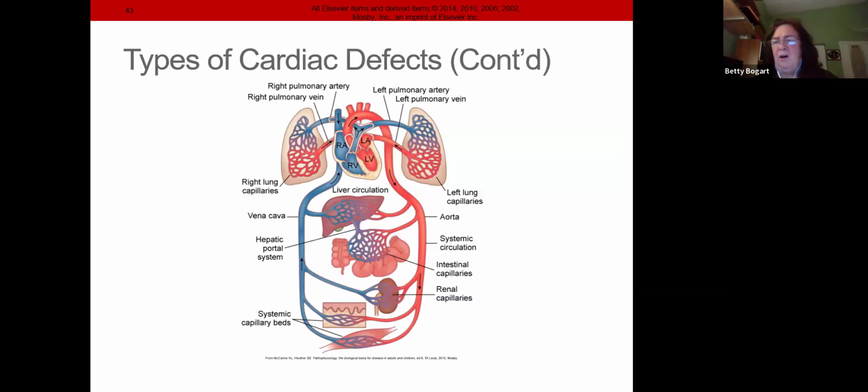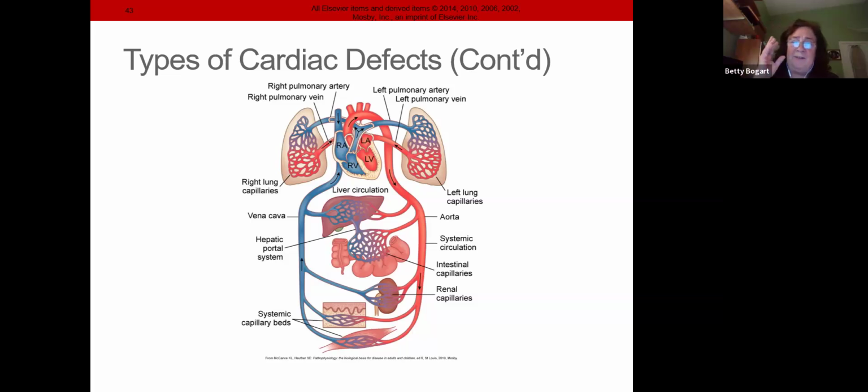Now, if you don't remember the heart and all the structures, I encourage you to go back and look at what the valve names are to know that if the pulmonary valve gets a kink in it, where does the blood go? Goes back to the right ventricle, up the tricuspid valve, into the right atrium, and then it goes to the liver, and you'll see swelling in the liver because that's where the blood goes.